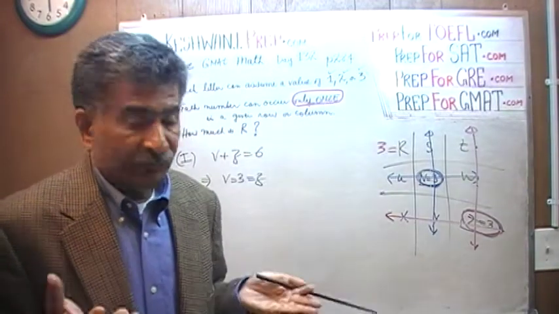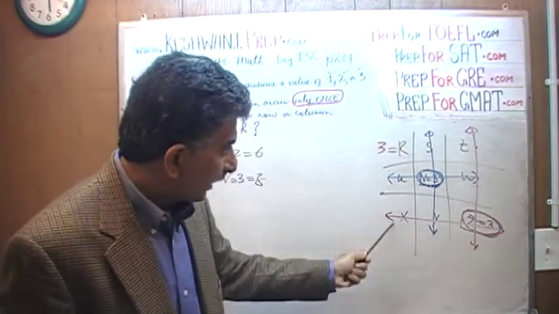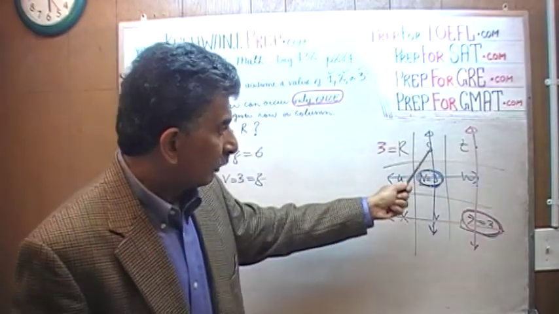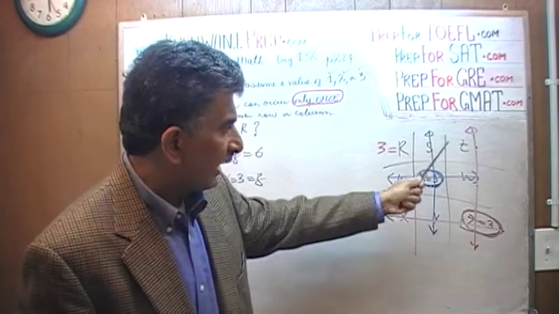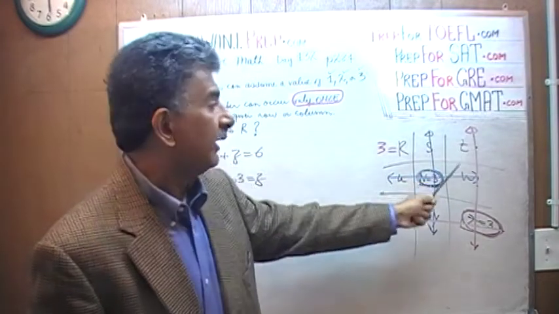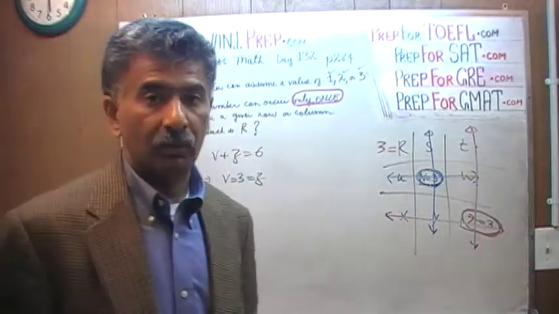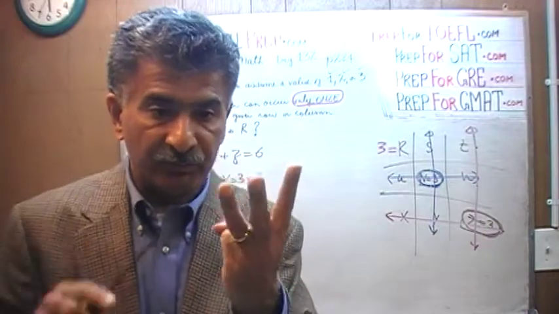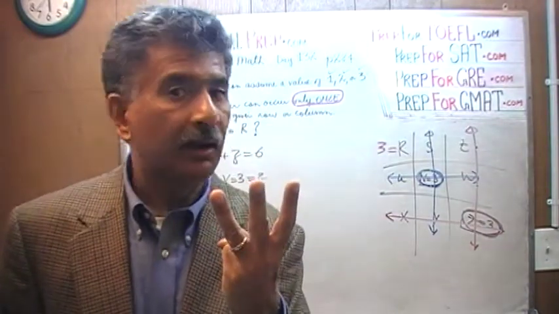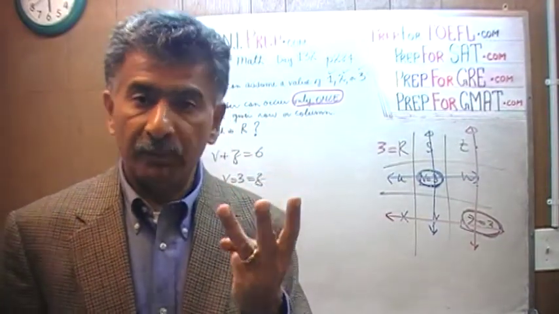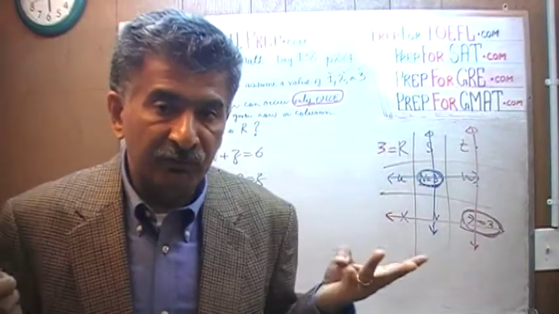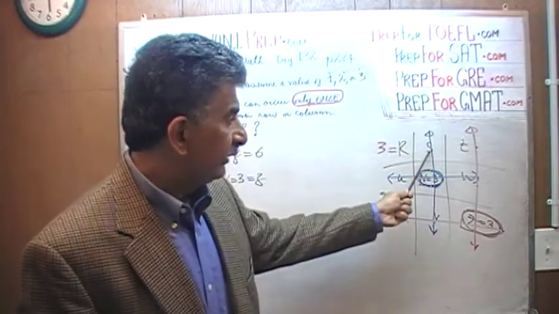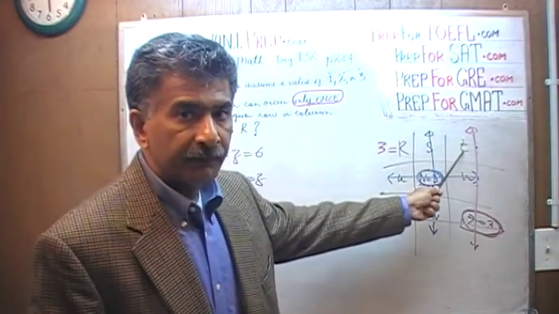Because R has to appear in the first column or the first row, however you want to look at it. Because R cannot appear here in the second spot, and cannot appear here in the third spot, R has to appear somewhere in a given row. In a given row, all 3 numbers must be used, because we have only 3 numbers, 1, 2, 3, and 3 spots to fill without repetition. Since we only have 3 numbers and 3 spots to fill with no repetition, each number must be used. But 3 cannot appear here, and 3 cannot appear here.